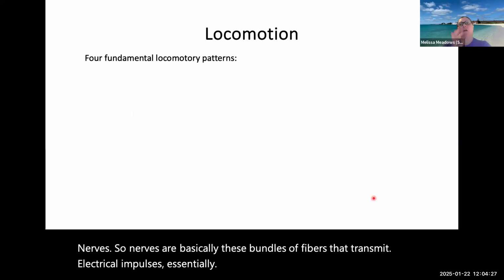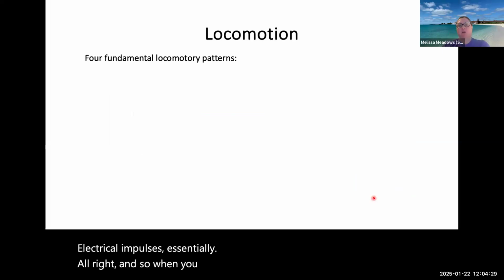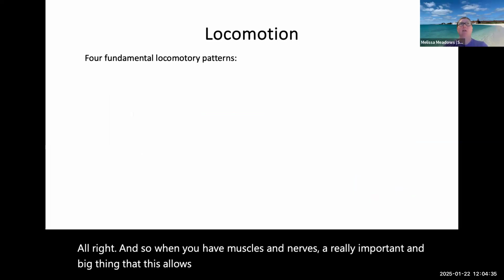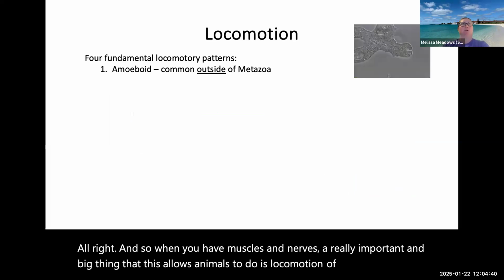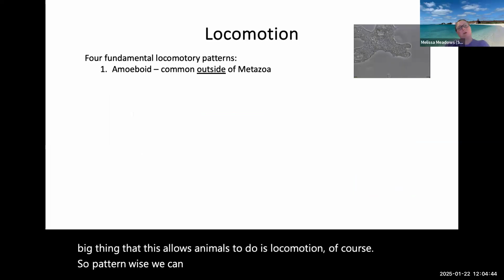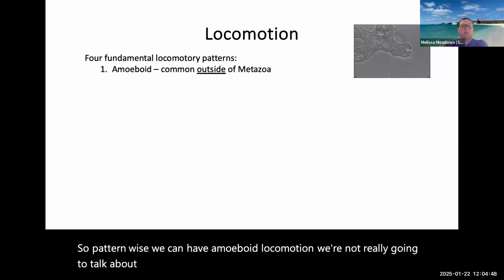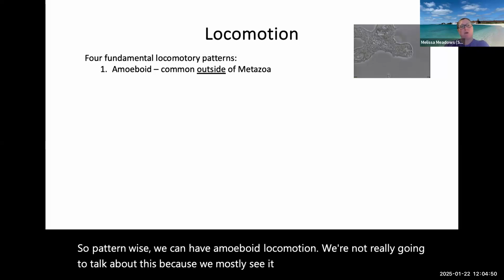All right, and so when you have muscles and nerves, a really important and big thing that this allows animals to do is locomotion, of course. So pattern-wise, we can have amoeboid locomotion. We're not really going to talk about this because we mostly see it outside of the metazoa.